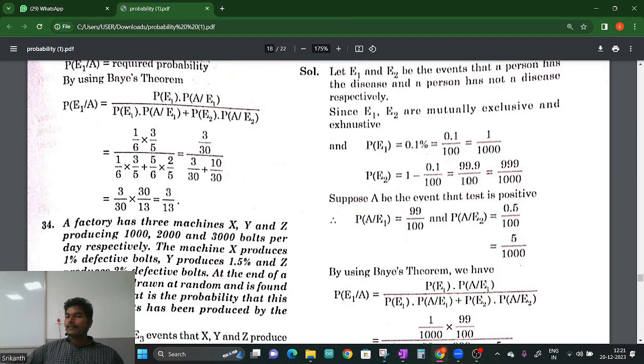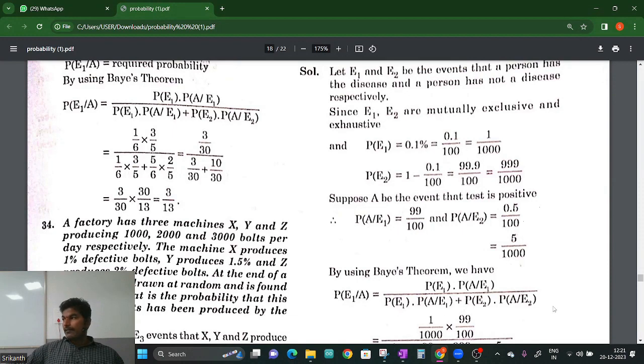That means 99.9%, he is not having the disease. This is the disease probability, and that is the not-having-disease probability. Okay. Suppose A is the event that the test is positive. What is the chance the test is positive? 99%. The test fails, the false test is 0.5%, he said. So 0.5 by 1000, by Bayes theorem.